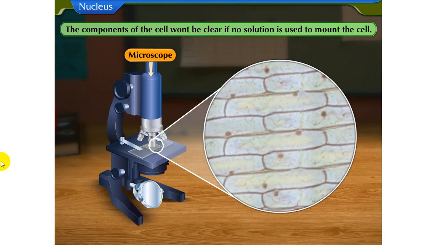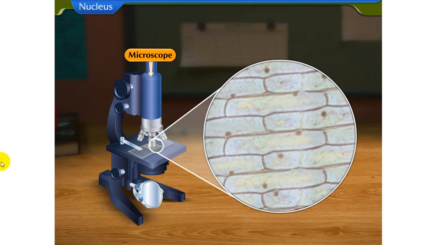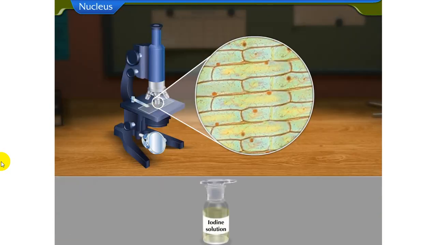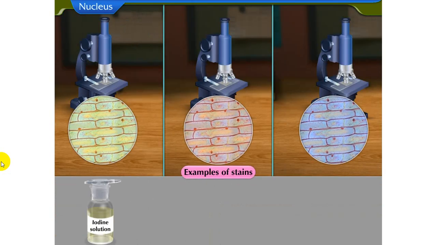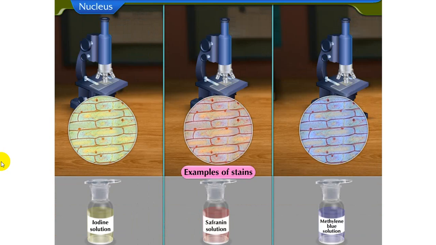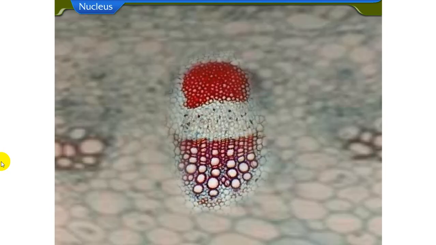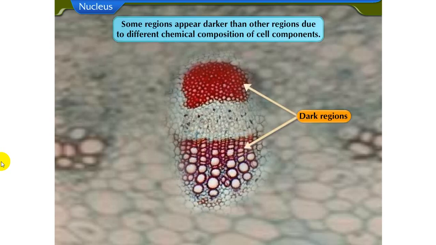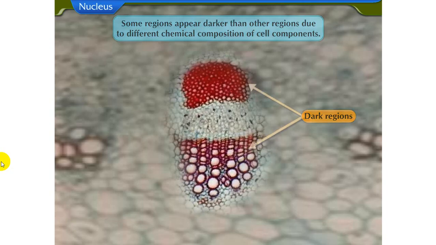Similarly, if no solution is used to mount the cell, the components of the cell won't be clear. Iodine solution is an example of a stain. Different stains like safranin solution or methylene blue solution are used. Due to the different chemical composition of cell components, some regions appear darker than other regions.